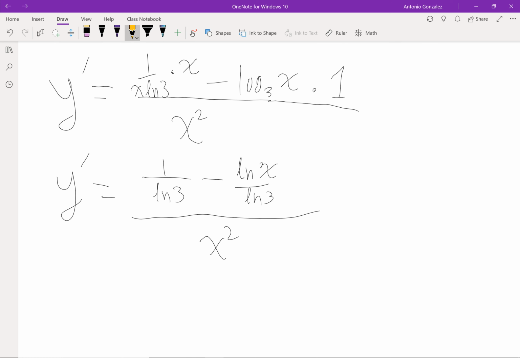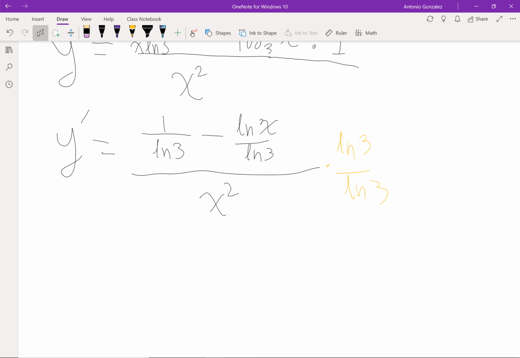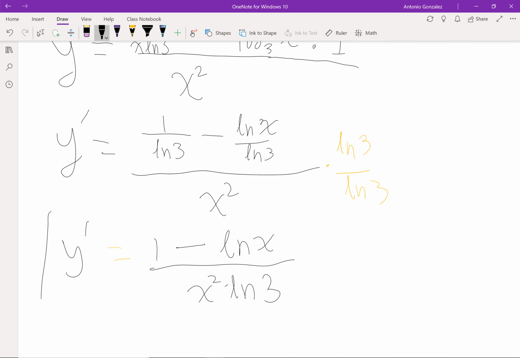And then let me now get rid of the complex fraction. Multiplying the top by ln of 3 leads me to the expression 1 minus ln of x, and in the denominator we have x squared times ln of 3. All right, and that is the derivative of that function.